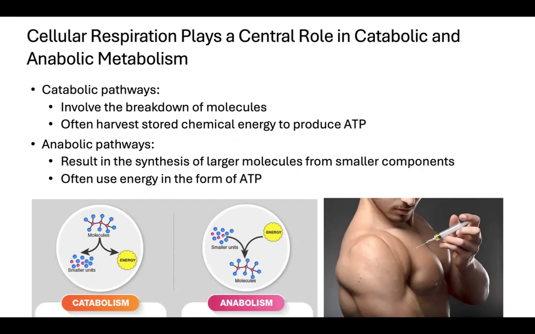That is where you see the increase in the muscle, because this anabolic steroid is inducing these cells to build up, to synthesize more protein. And you can see that in the muscle mass. So we may have heard anabolic, so you can remember body building, building. Anabolic pathways build something, whereas the catabolic pathways tear stuff down.